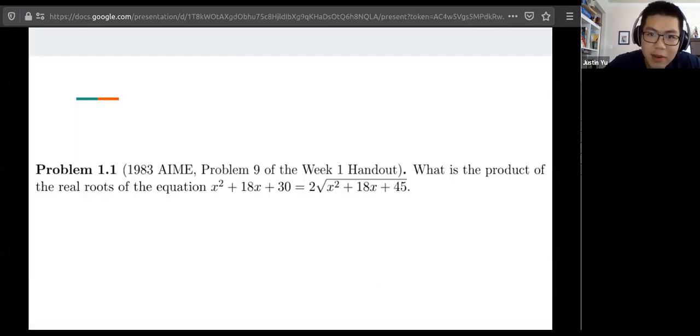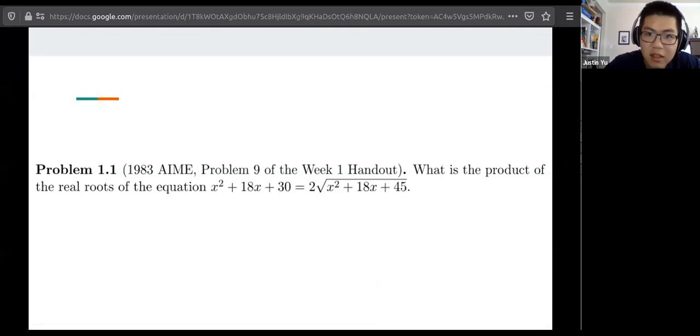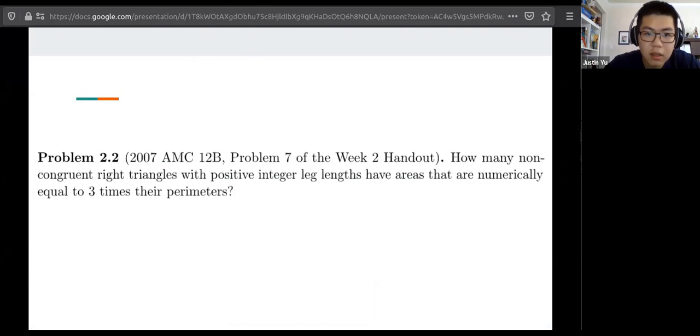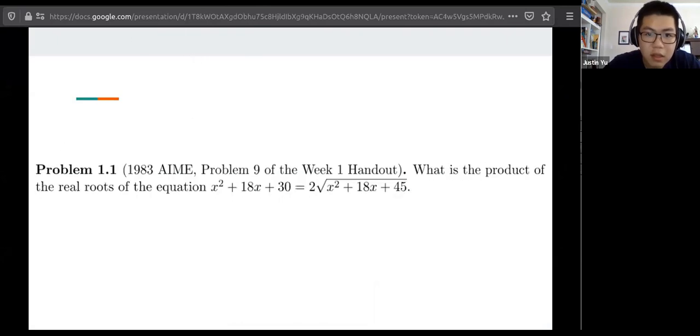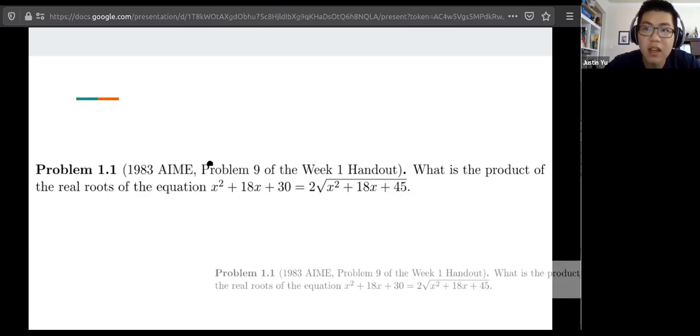Let's stare at this problem for a minute. Let's see if I can annotate. Oops. Huh.